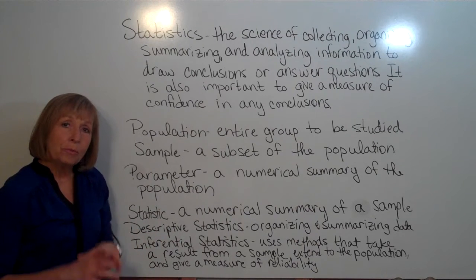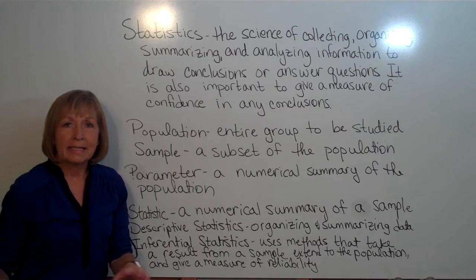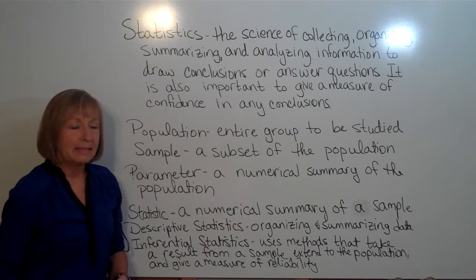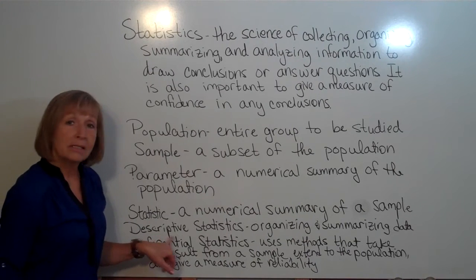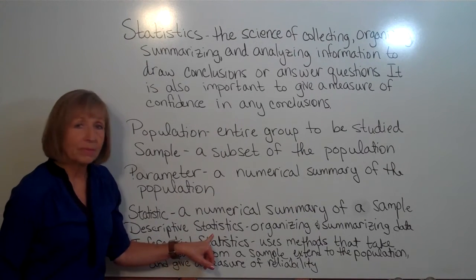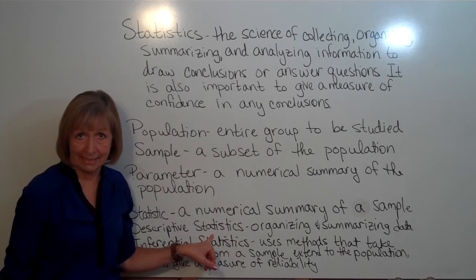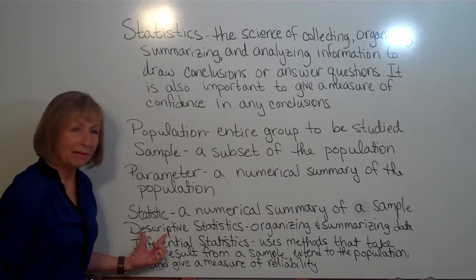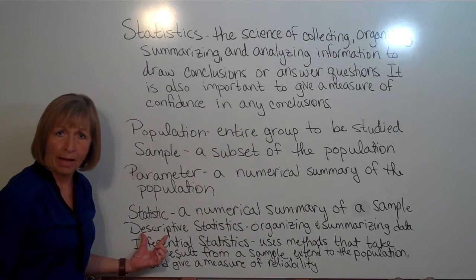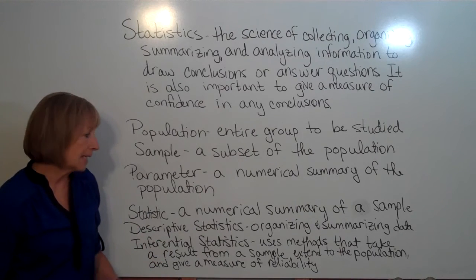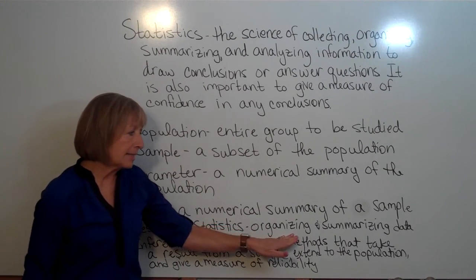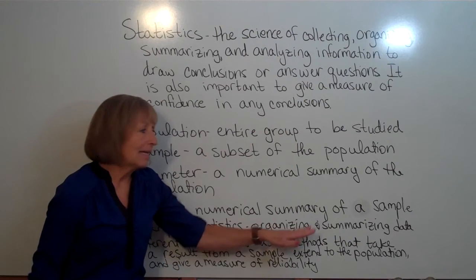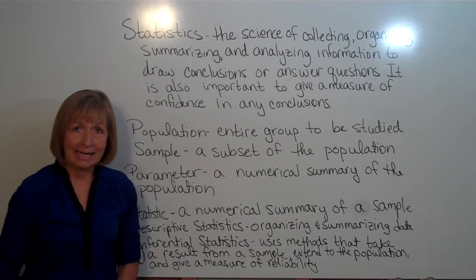Now, there are two core content areas within the idea of statistics. One is descriptive statistics. When we talk about descriptive statistics, you want to think of that root word describe. Descriptive statistics is when you're organizing, collecting, and summarizing data.